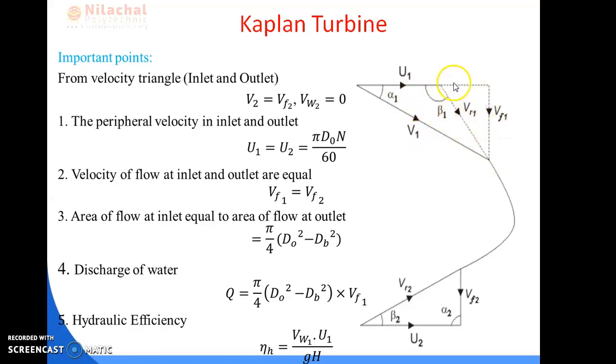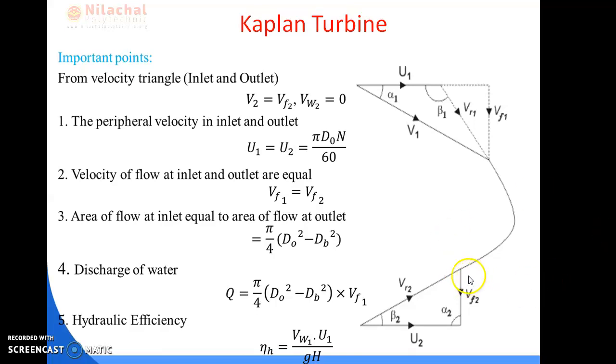Vf1 and Vw1 are the velocity components of V1: vertical component Vf1, horizontal component Vw1. This Vw1 causes the motion of the runner to produce mechanical power. We have seen that the flow of water at the outlet is in a perpendicular direction to that of the runner.